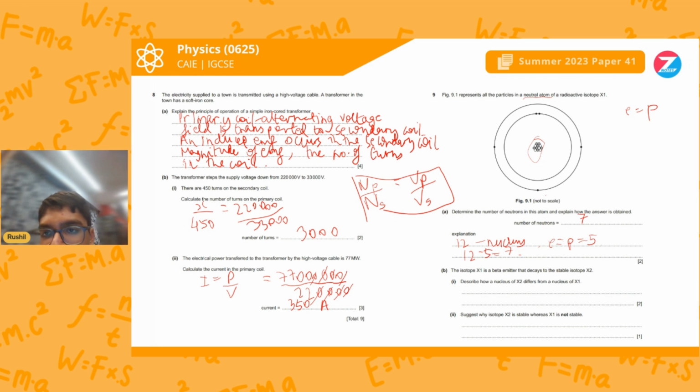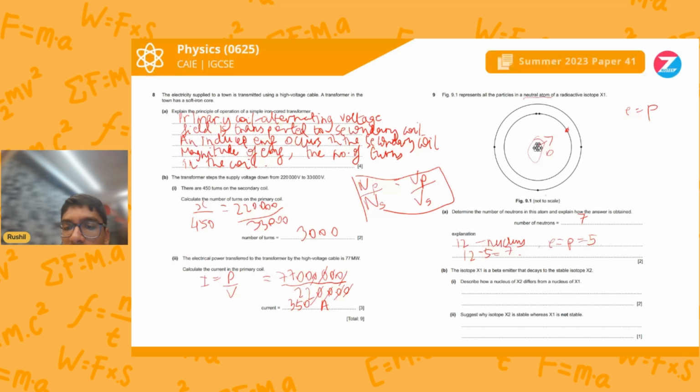Now, the isotope X1 is a beta emitter that decays to the stable isotope X2. Describe how a nucleus of X2 differs from a nucleus of X1. Now, we know that during beta emission by isotope X1, a neutron in the nucleus will split into one electron and a proton.